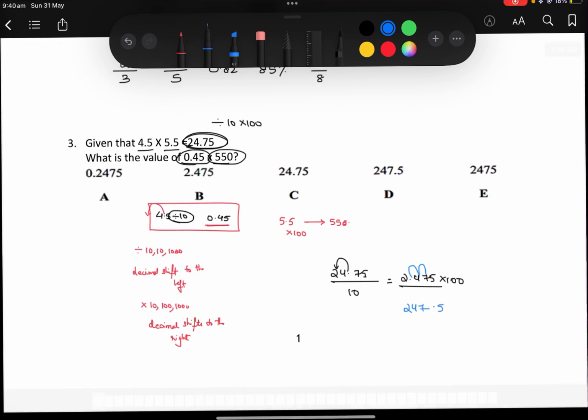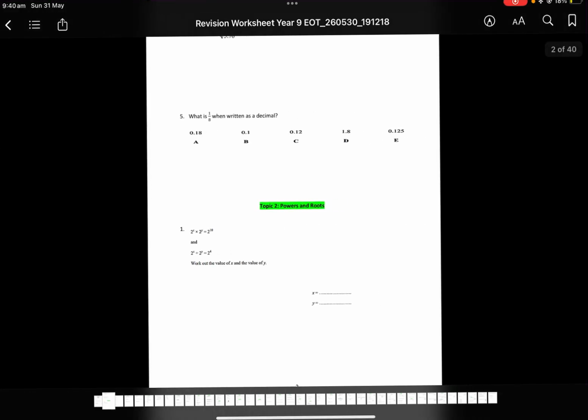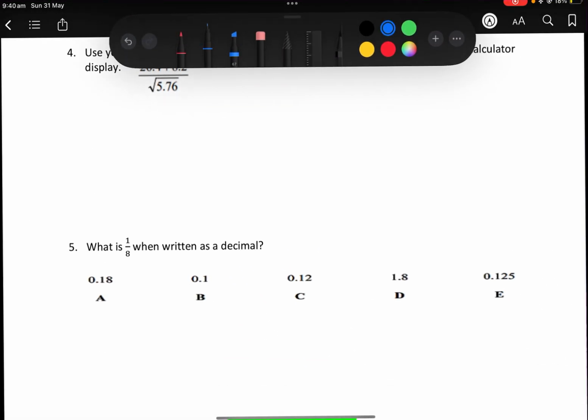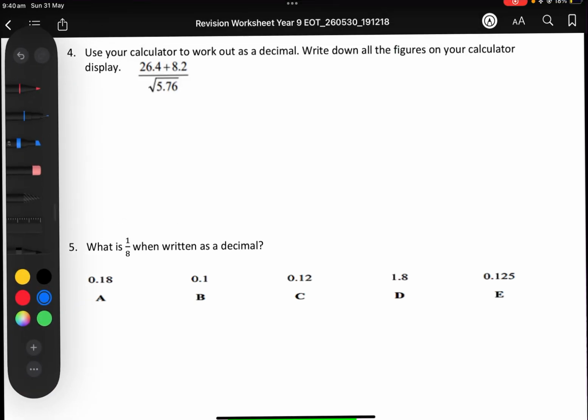Okay. Now, moving ahead, we have another question wherein they say use your calculator to calculate this particular thing, and then you are required to give all the figures on your calculator. So simply you are required to enter it in your calculator. Whatever calculators you have, use them very mindfully. Solve the numerator first and then divide by the denominator.